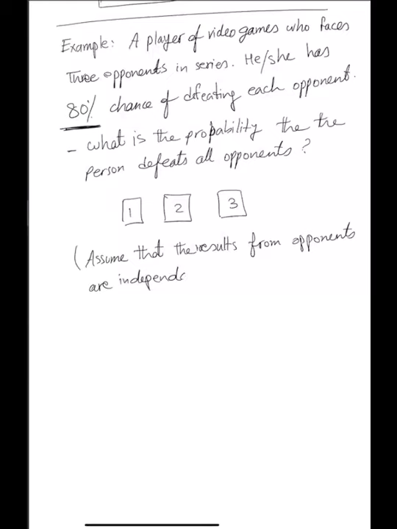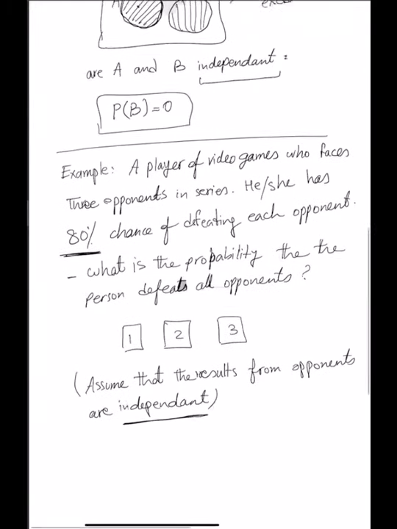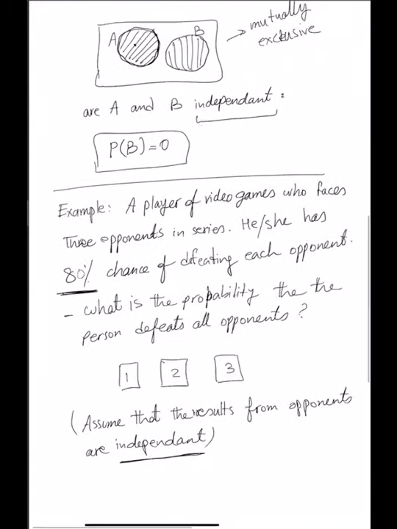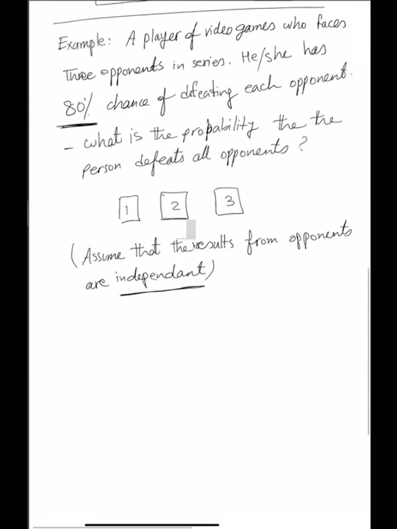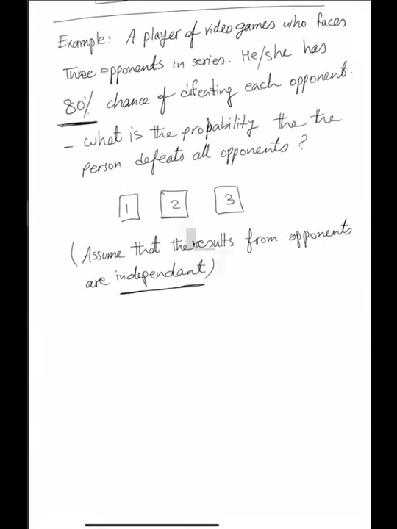Can someone tell me what that means? So beating one opponent doesn't influence how you fight the other? Exactly. Knowing that you have beaten one has no effect on whether you're going to beat the next one or lose. So independence always means knowing that one has happened has no effect on the other event happening or not. This is an important piece of information.